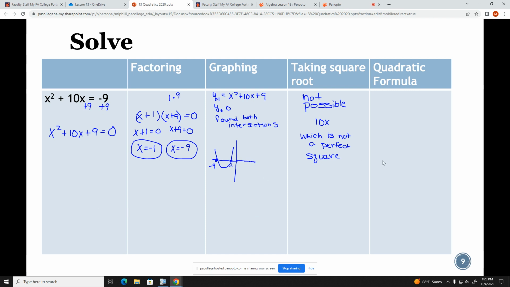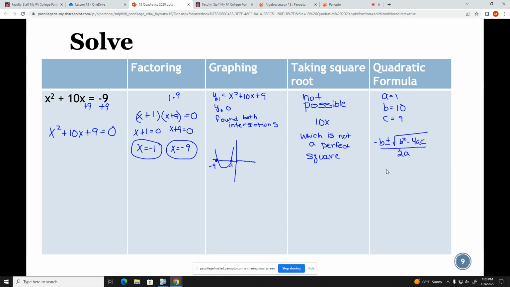All right, taking a square root was not possible, so the last option is the quadratic formula. First, I note that the a value is 1, the b value is 10, and the c value is 9. The quadratic formula is the opposite of b plus or minus the square root of b squared minus 4ac all over 2a.